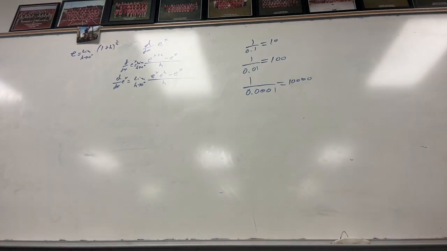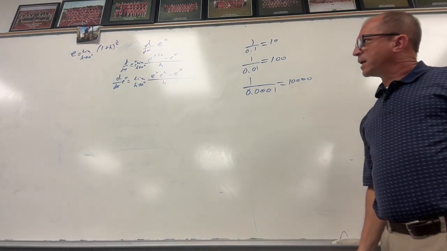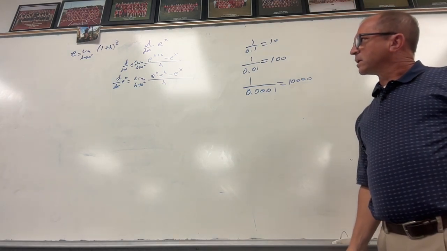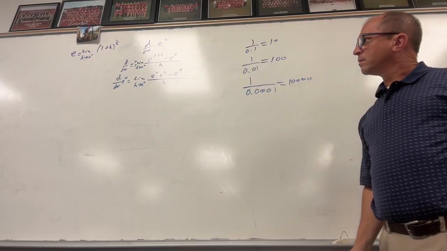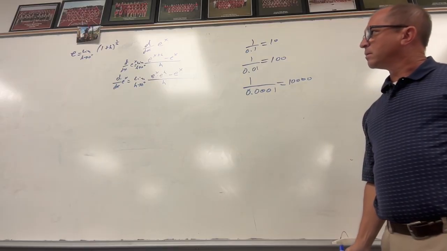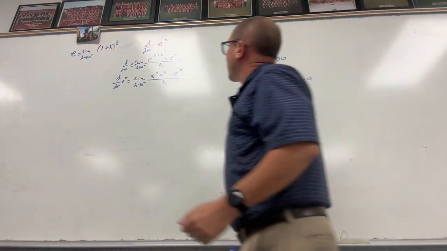All right, now, in that numerator, I've got the product of e to the x and e to the h, subtracting from that e to the x. So what could I possibly do here in the numerator? Can't cancel. But factor it out, yeah, factor it out.